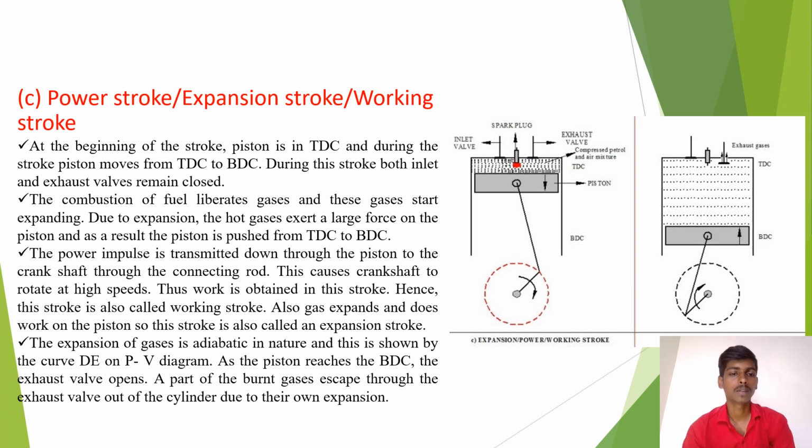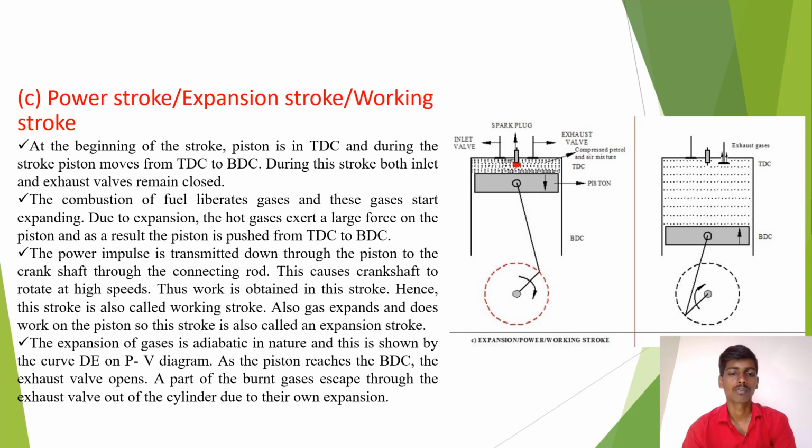The power impulse is transmitted down through the piston to the crankshaft through the connecting rod. This causes the crankshaft to rotate at high speeds. Thus, the work is obtained in this stroke. Hence, this stroke is also called the working stroke. Also, the gas expands and does work on the piston, so this stroke is also called the expansion stroke.